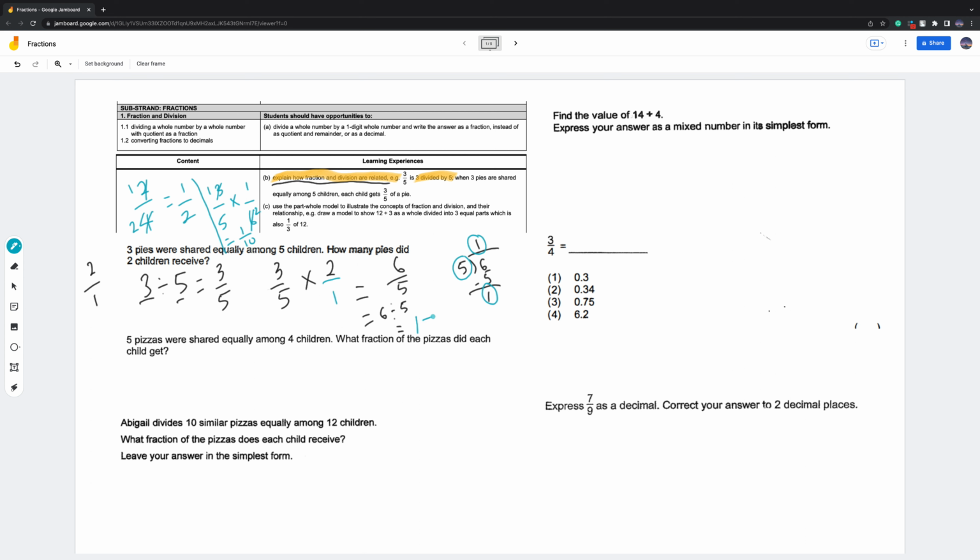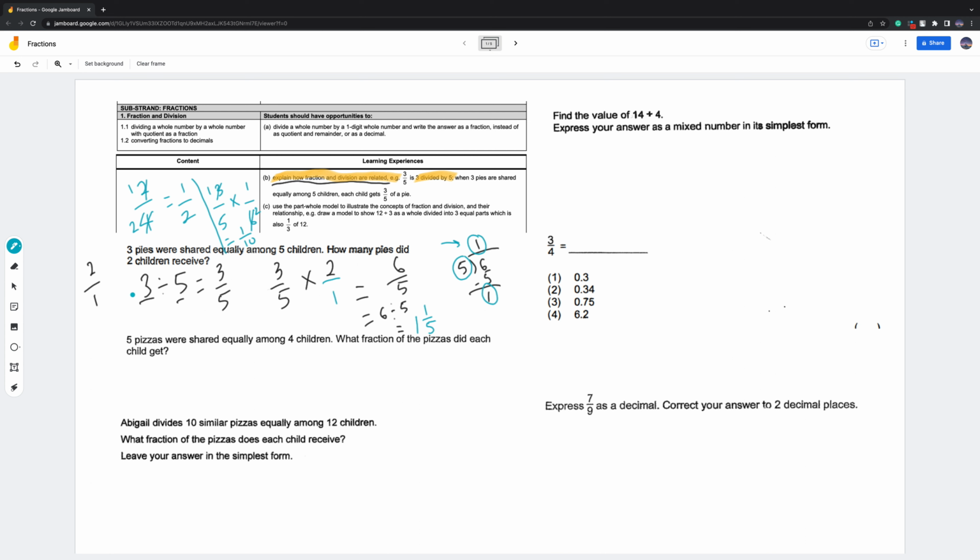So here we have 5 as the larger number, so it will be the denominator and 1 will be the numerator. Again, all you need to remember is this will be your whole number, and then you are left with 2 other numbers, which one of them will be larger than the other, and the larger number will be the denominator.